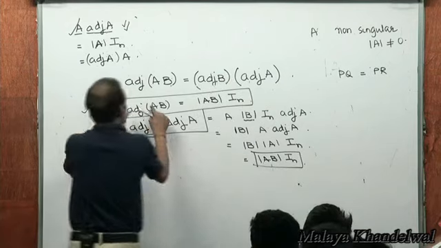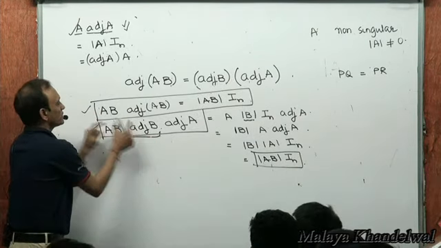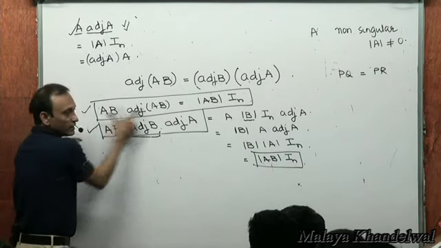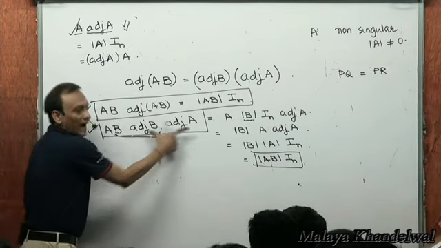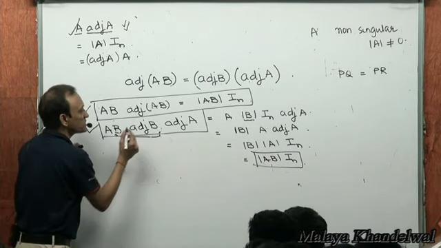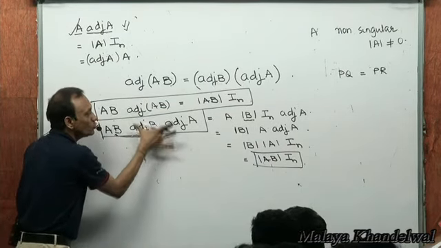So, if PQ is PR, then Q must be equal to R. So, can I not say that Q equal to R?